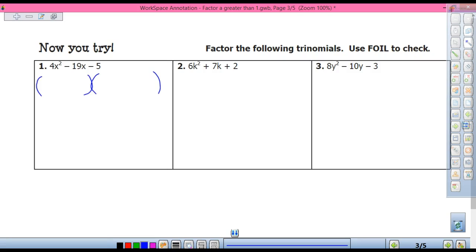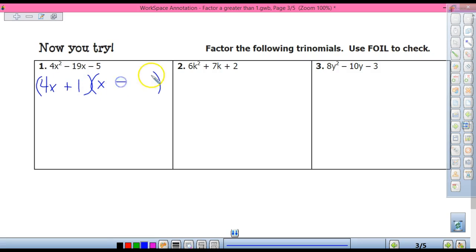Anybody think they got it? What do you use to get to your x squared? 4x and x. What do you use to get to your negative 5?